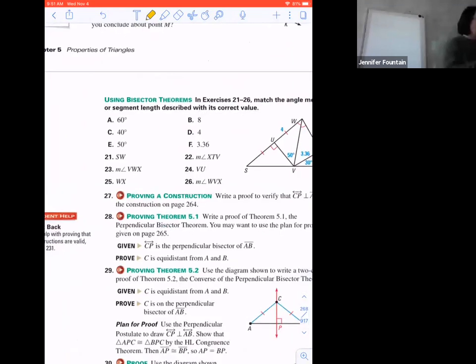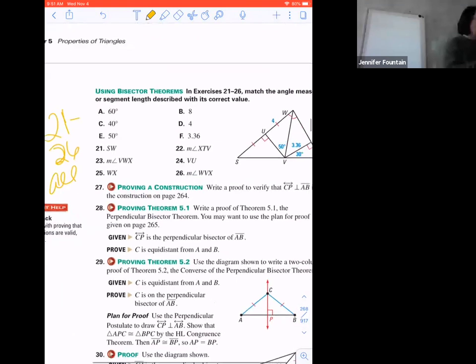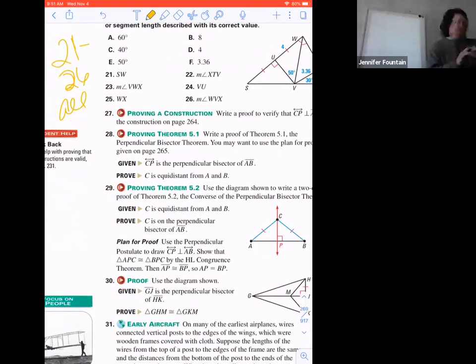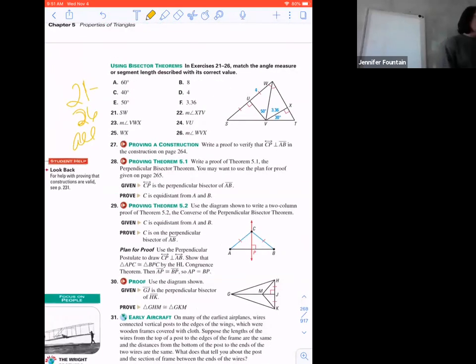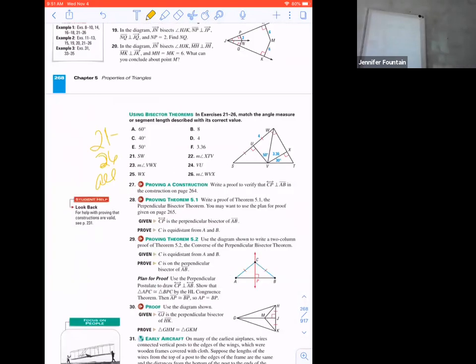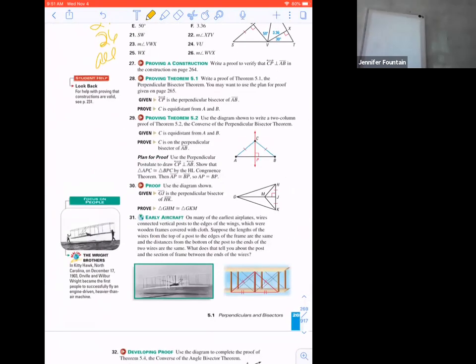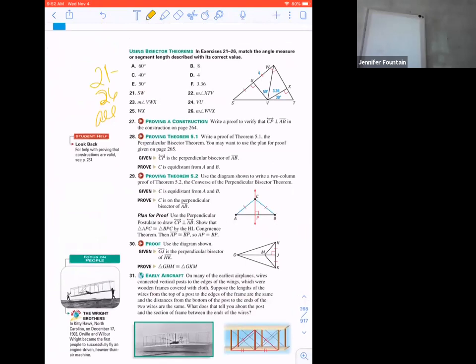And then I want to do 20 through 26 all on page 269: 21, 22, 23, 24, 25, 26. Now notice you have A, B, C, D, E, so you're looking to see the angle measures in segment. Page 268, 9 through 19, but not number 15. Page 269, 21 through 26.